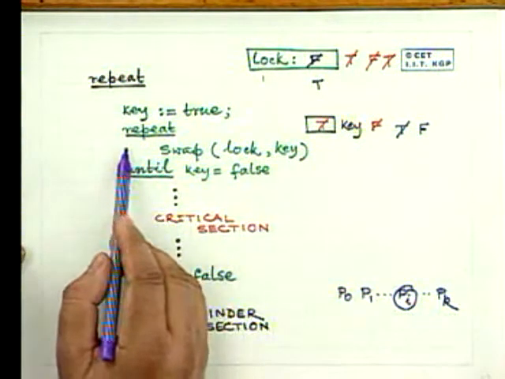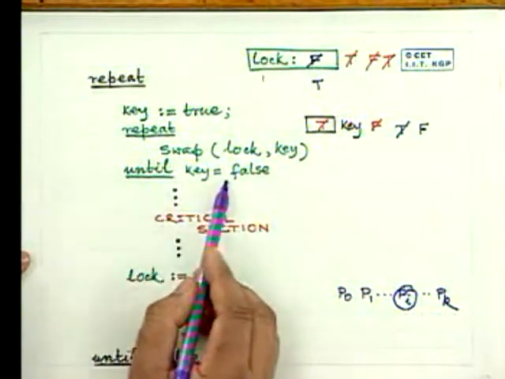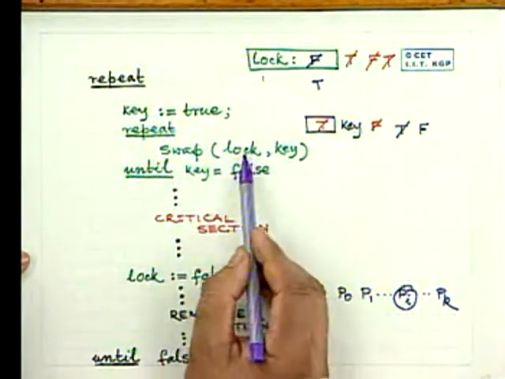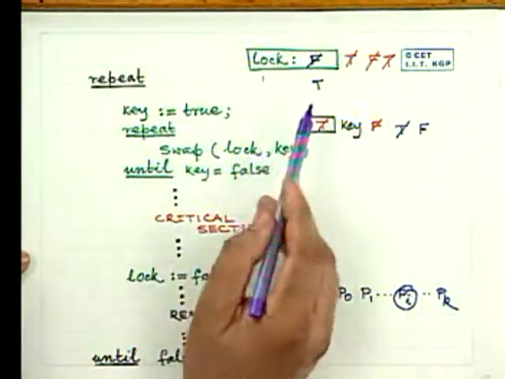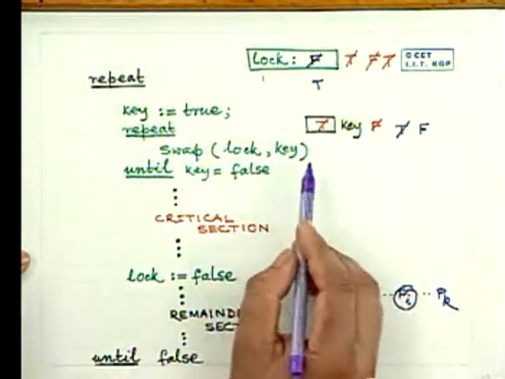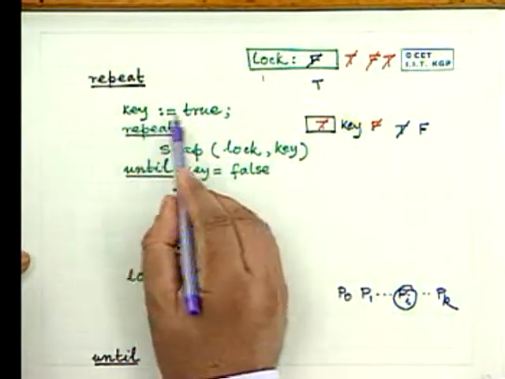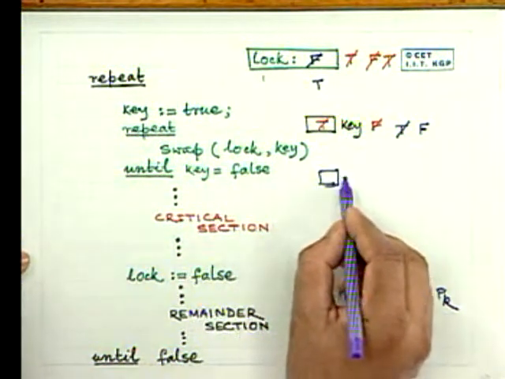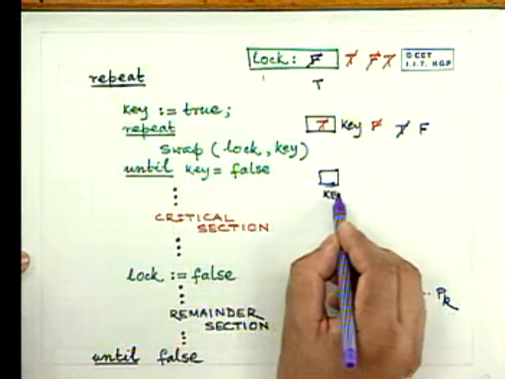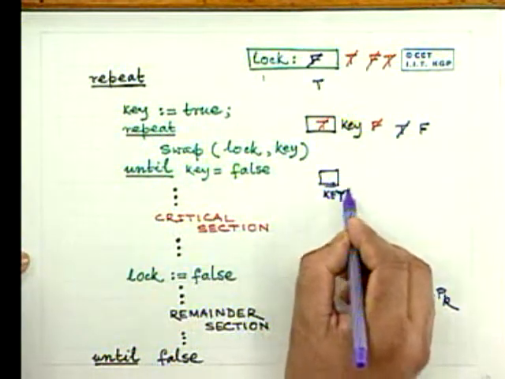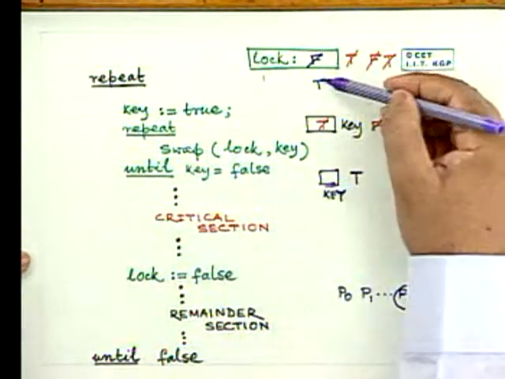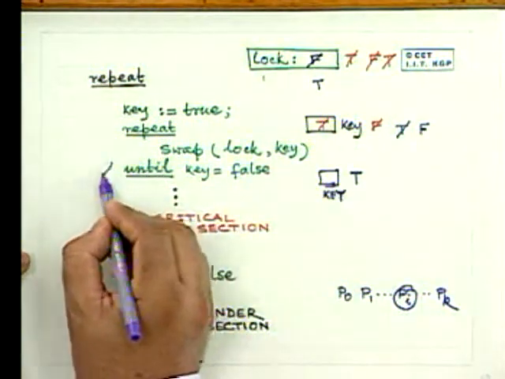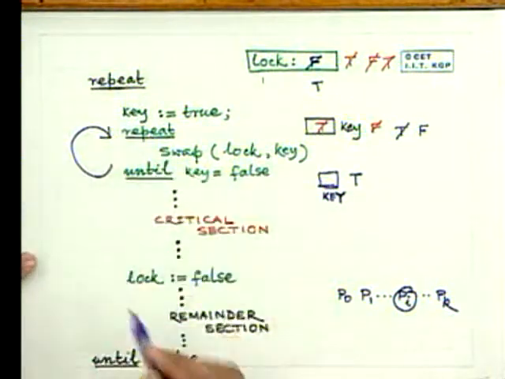All others will find the lock to be true. All other processes will execute swap, and for all other processes naturally key is true. For all other processes, its own key will be true. Therefore, it will swap true with true, and will essentially busy wait in this repeat until loop.